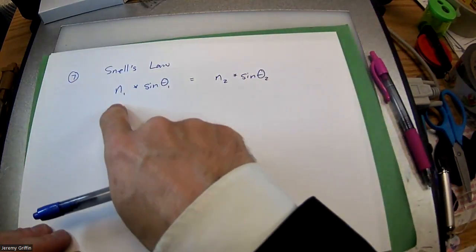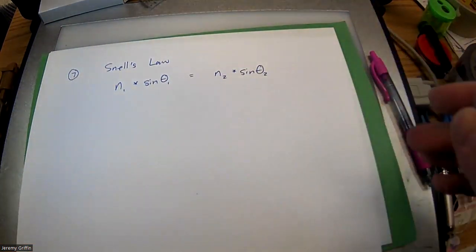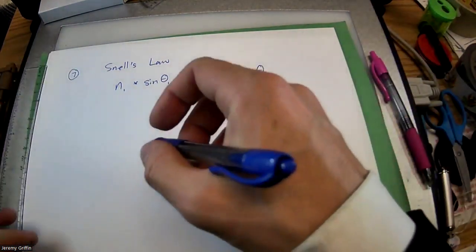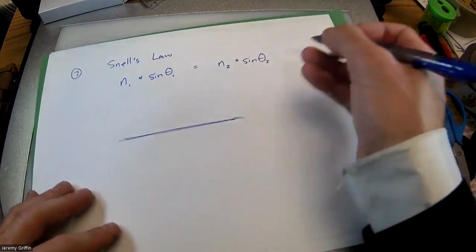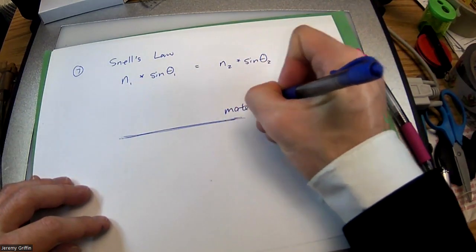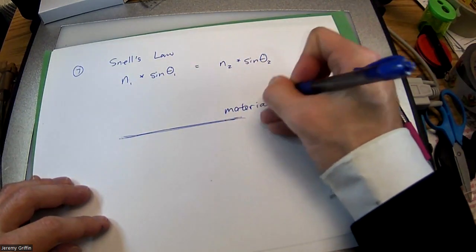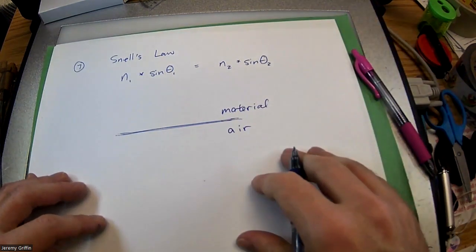So this could be the incident angle, this could be the refracted angle, for example. I do want to draw this out for you. So we've got some barrier between some material, some kind of glass, for example, and maybe air.